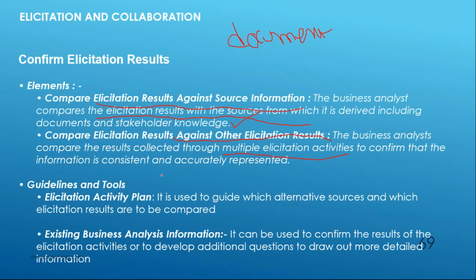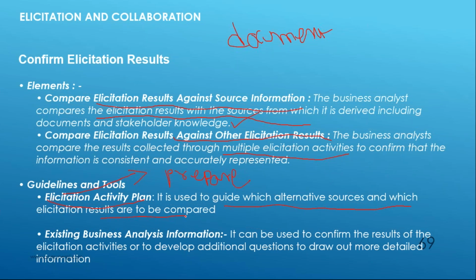Now, looking at the guidelines and tools, your elicitation activity plan is an output of the first task, which was prepare for elicitation. When you conducted that task, you had an output, the elicitation activity plan. It is a guide with alternative resources and which elicitation results are to be compared.